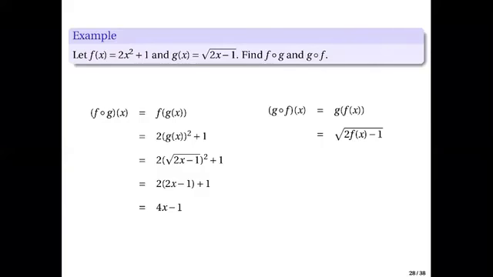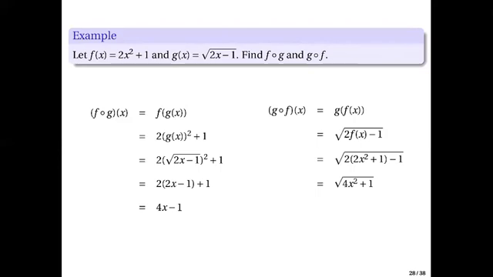And then, we now change your f of x with its representation. It's 2x squared plus 1. And then you just simplify. If you simplified, you will have square root of 4x squared plus 1.